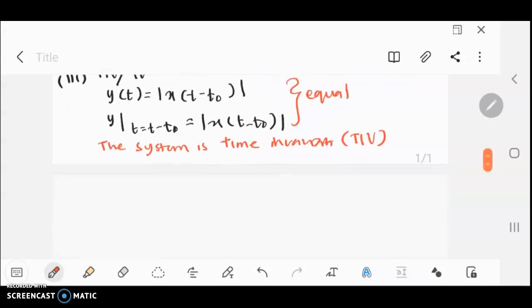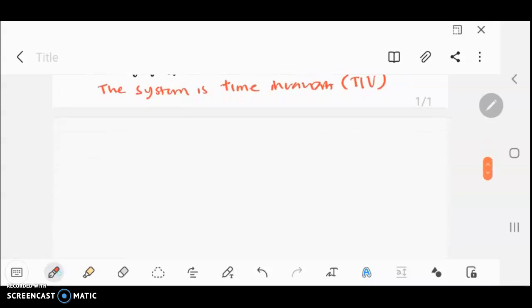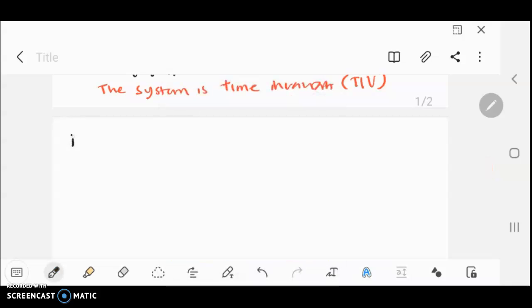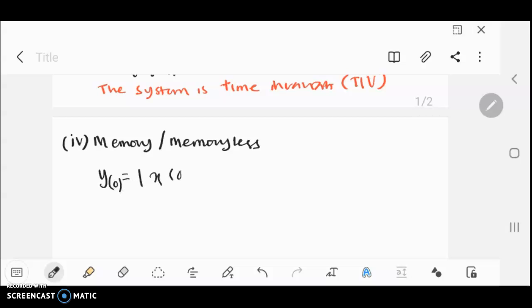So for the fourth one, we have to know memory or memoryless. For this one, we have to do it like this. y(0) equal to x(0).